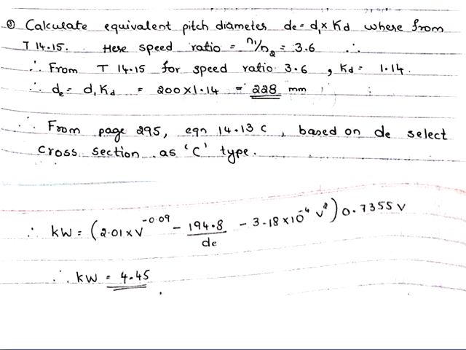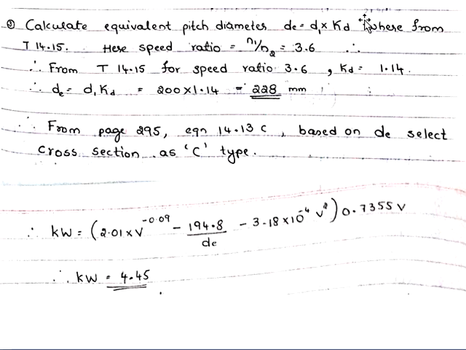In step number 3, first you have to calculate the kW value. To find out the kW value, there are 5 equations. Identify which is the right equation. The 5 equations are from 14.13a to 14.13e on page number 295. To identify the right equation, first find out the equivalent pitch diameter DE, given by D1 into KD.